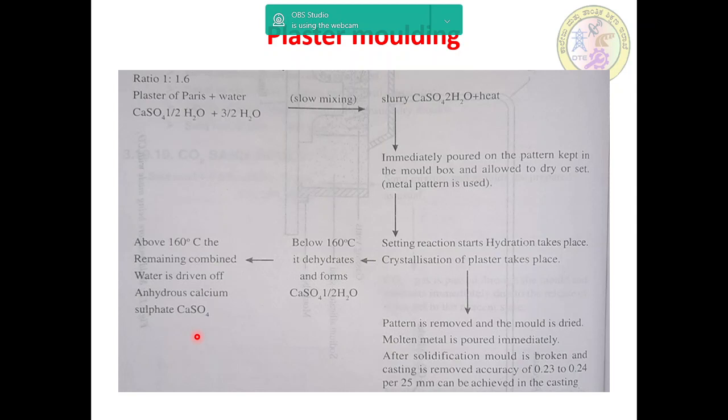This is one type of plaster mold. In this simple process we can use only metal patterns. Afterwards, many intricate shapes can also be produced by this process. Place the metal pattern, and then immediately you can pour the molten metal. You get this type of molds.